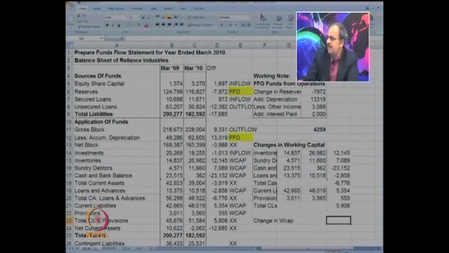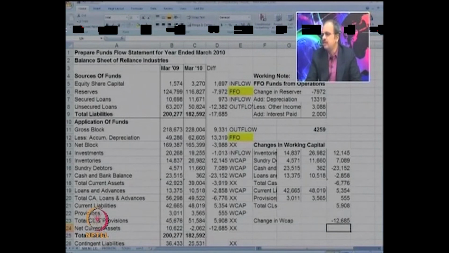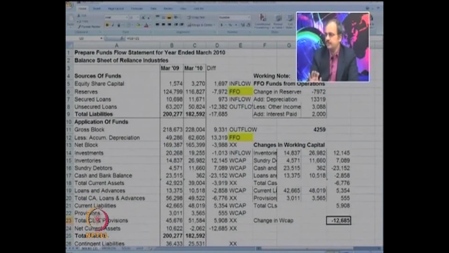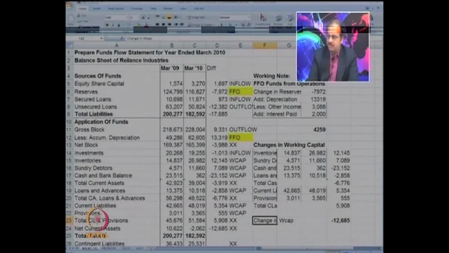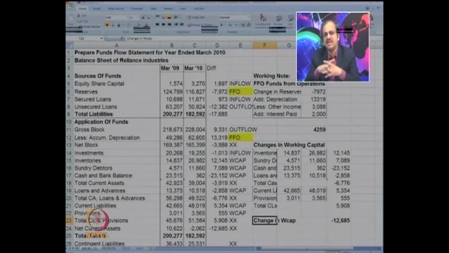Change in the working capital I am trying to find. So it will be increase in the working capital minus increase in the current asset minus increase in the current liability. So I get a figure of minus 12,000 because it is minus 6 minus 5. So this is the overall, you can see, a decrease in working capital.